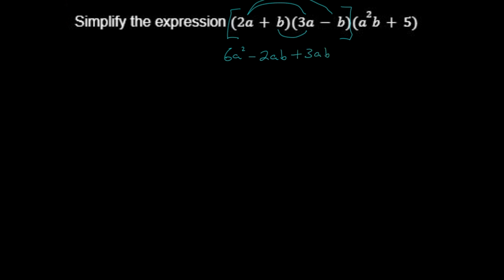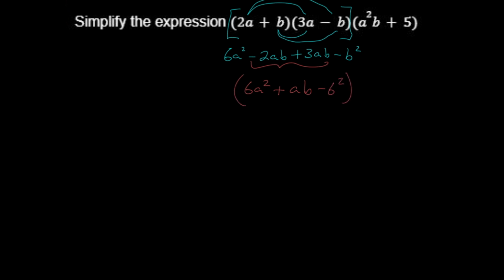Again, I just prefer my variables in alphabetical order, but the order doesn't really matter for the variables. And then b times negative b is negative b squared. If I combine my like terms, I have these two as like terms, so we'll have 6a squared plus 1ab minus b squared.